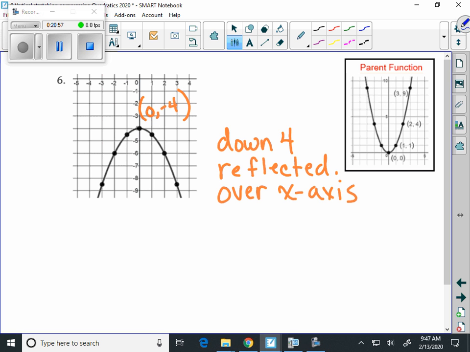The last kind of shift that we've been looking at today is, do we have a vertical stretch? Do we have a vertical compression? And maybe we do and maybe we don't. Typically what we do is we go one space to the right and one up. Well, in this case, we're going to go one space to the right and one down because it's reflected over.